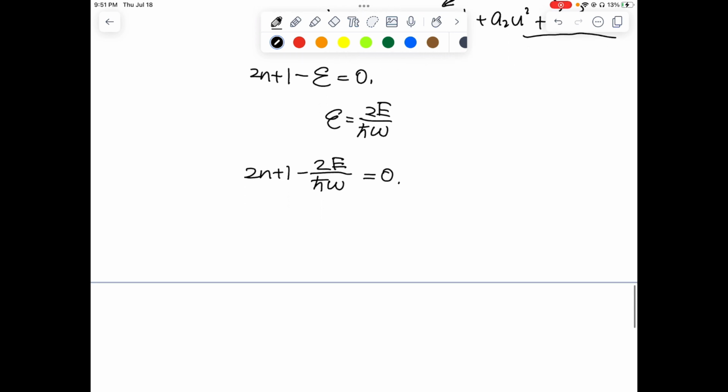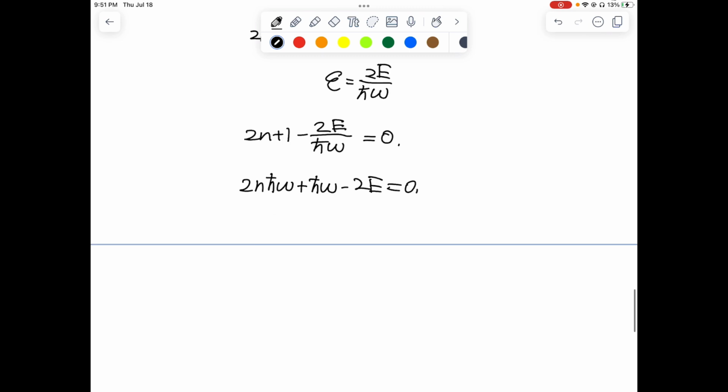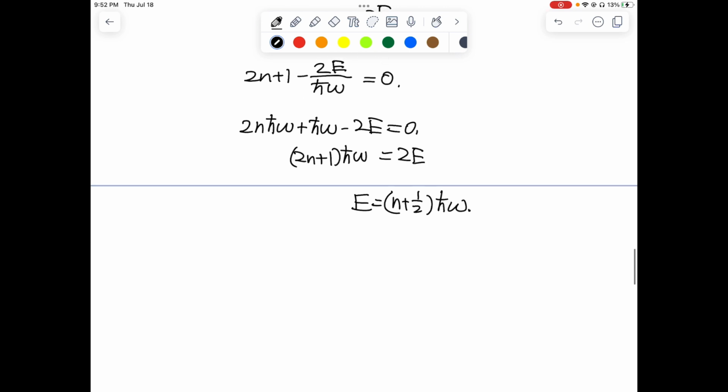If you multiply both sides by h bar omega, you get 2n h bar omega plus h bar omega minus 2E is 0. We can move 2E to the other side, factor out 2n plus 1, and then divide both sides by 2, so E equals n plus 1/2 times h bar omega. What this tells us is that the energy of our quantum harmonic oscillator must have discrete energy levels. They must be quantized.